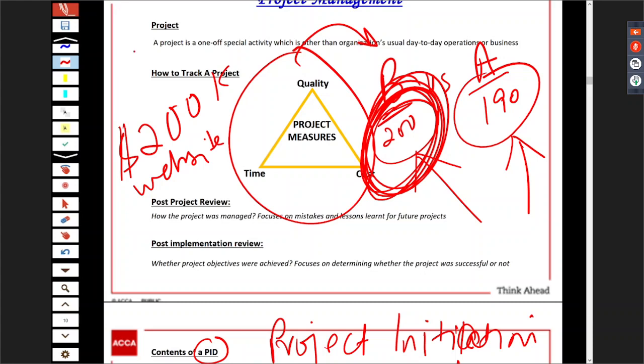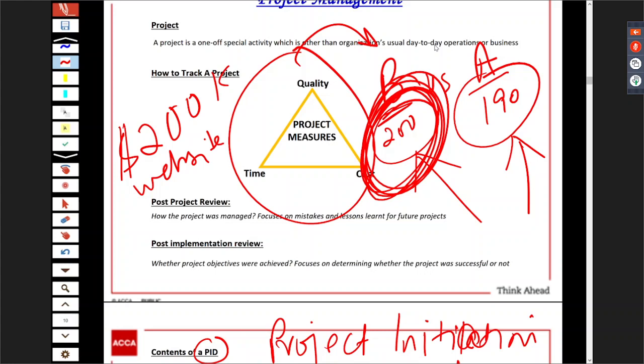So you are a board director. The marketing director is saying, I need $500,000, guys. I plan to do a project. What will you say? You will say, what's the objective? Why do you need to do this project? That's the first question you would like to know.